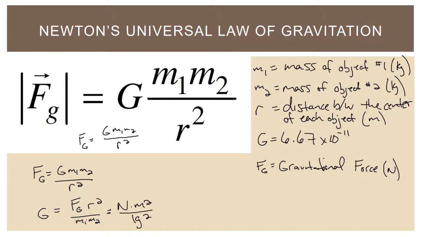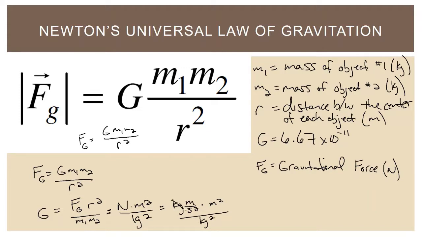The meter squared coming from the squaring of the r, and the kilogram squared coming from the product of m1 and m2. That's not what it says in the AP reference table. The reason why is because they break down the newton as a kilogram meter per second squared times a meter squared over a kilogram squared.